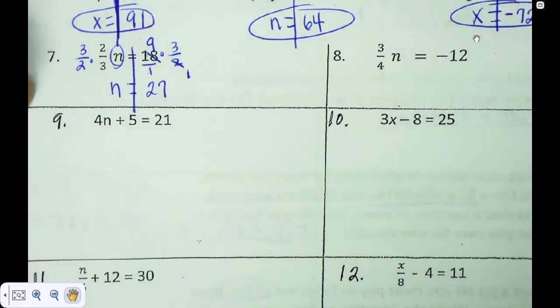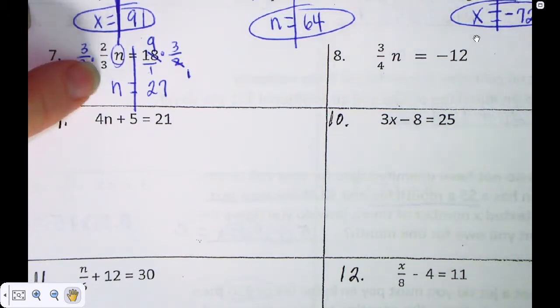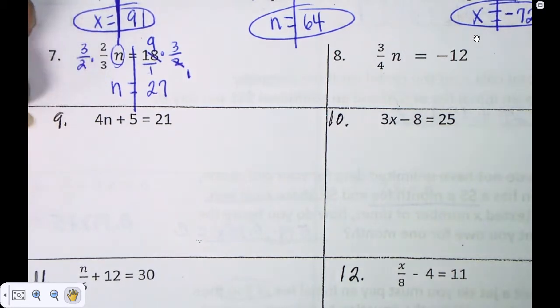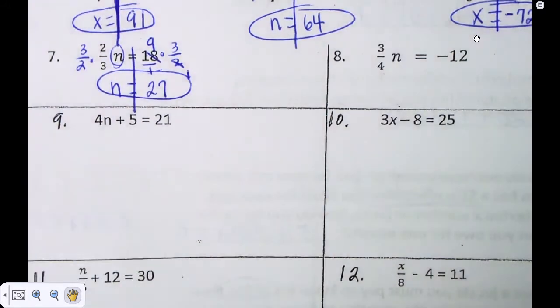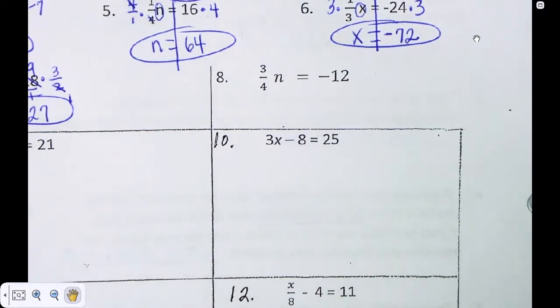Okay, to check it, we're going to go 2 divided by 3 times what? 27 equals 18. Good job. Circle n equals 27.